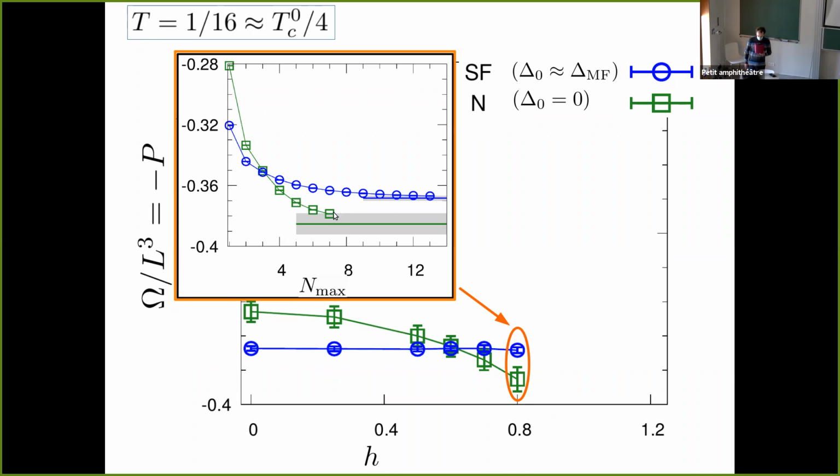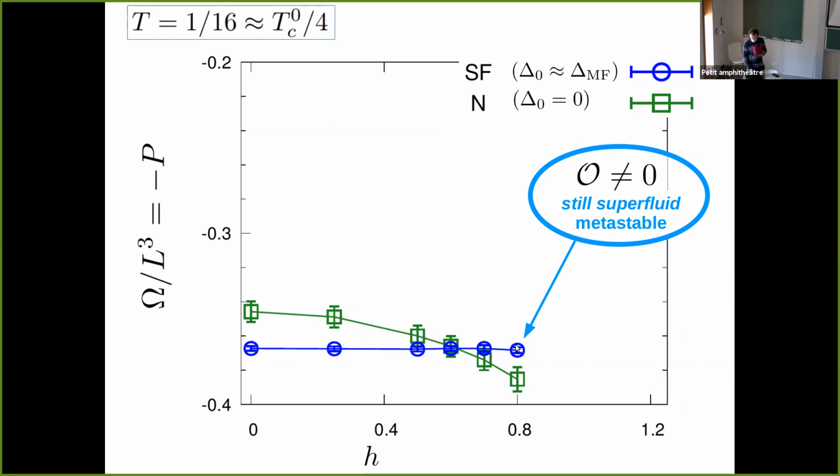And this we just attribute to the fact that the propagators in the normal phase have no gap, so they will decrease much more slowly as a function of distance. So for large system size in the normal phase at low temperature, you suffer, while for the superfluid series, you have the gap. So the propagators always decay quickly with distance.